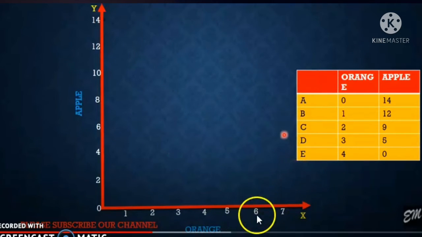In the x-axis orange is depicted and in the y-axis apple is depicted. You can see how it is marked.